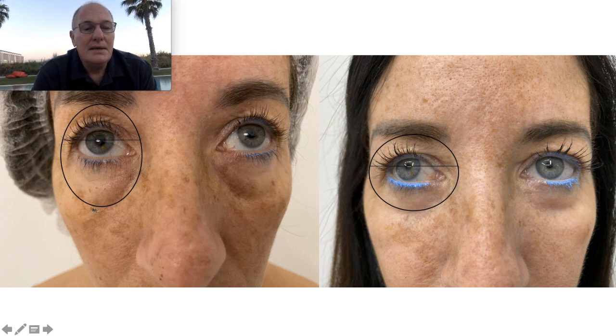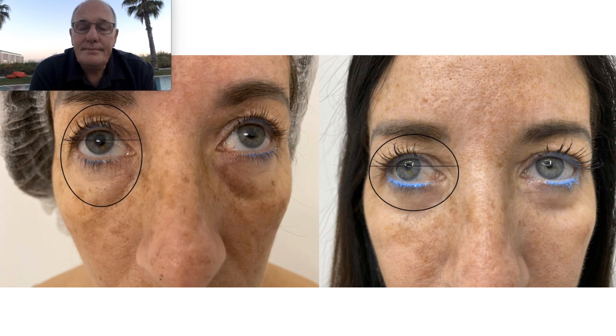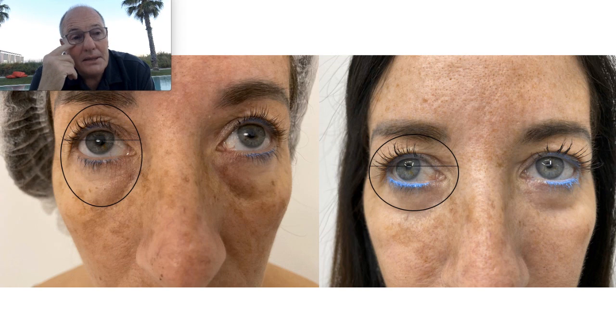You can see this distance is because there is no volume of the malar area. What I'm trying to say is there is an intimate relationship between the upper eyelid and the eyebrow, and there is an intimate relationship between the lower eyelid and the malar area.